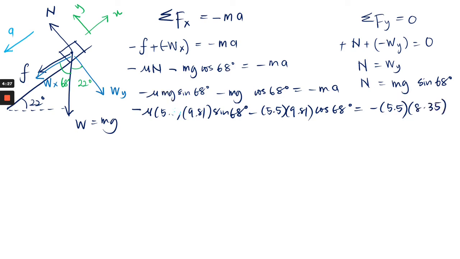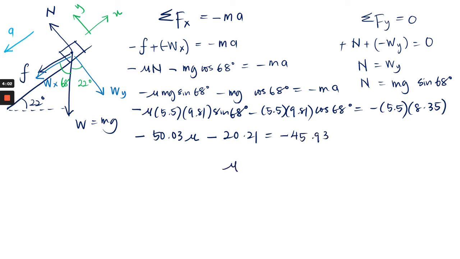We can actually eliminate mass from the equation because mass appears in each of these expressions. So the answer here is going to be negative 50.03 mu, and then minus 20.21, equal to negative 45.93.